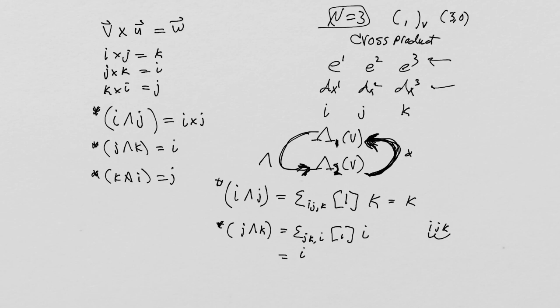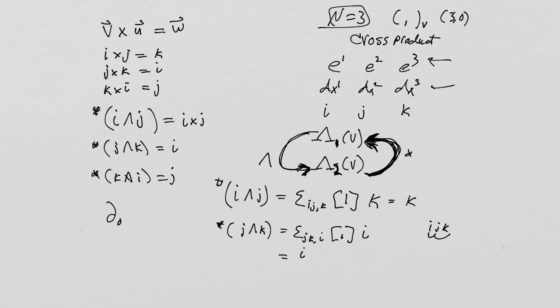Let's go back to dx0 wedge dx1. Well, okay, hold on. Let me do it this way. dx0 and dx1, those are two guys in, well, wait a minute, I want to do vector spaces, and since I've started my example in vector spaces, let's do not the forms, but the vectors.